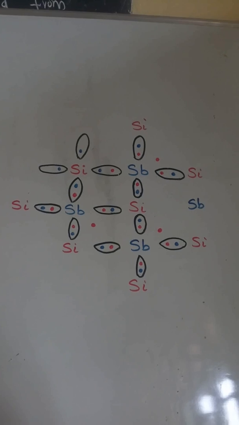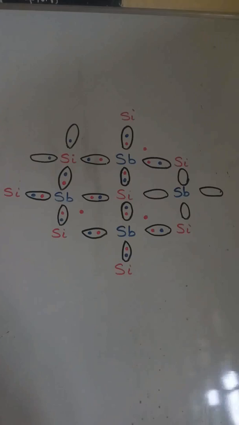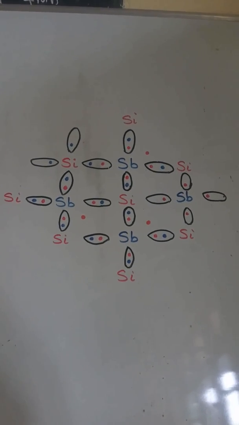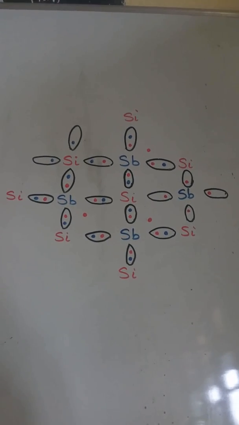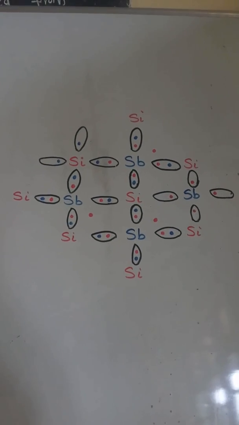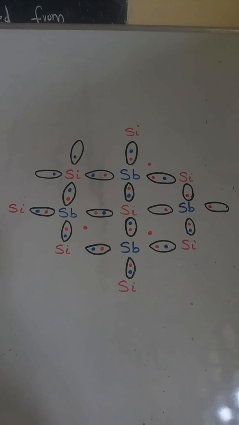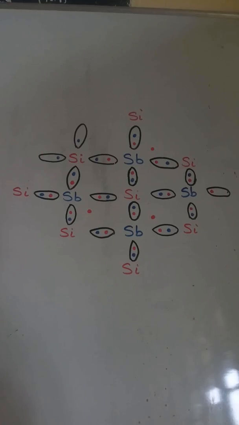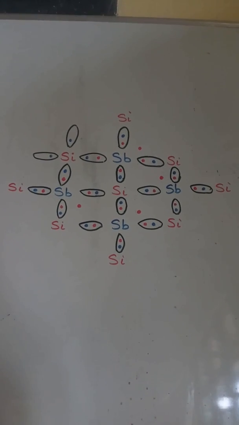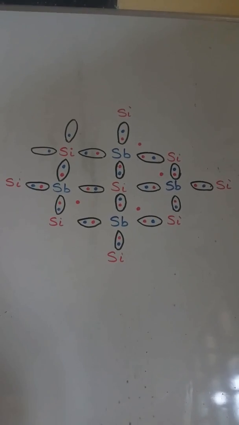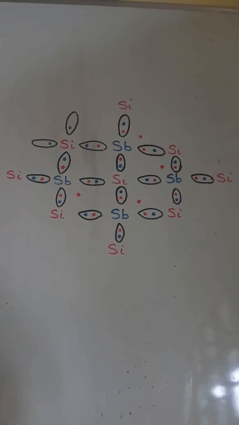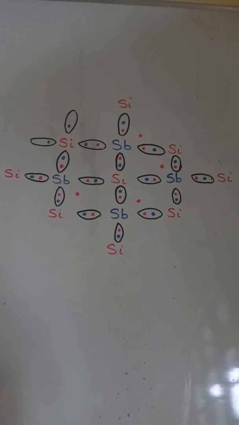Another antimony atom, 4 electrons are bonded to the silicon atoms. One unbonded electron is free to be excited to the conduction band and conduct electricity.